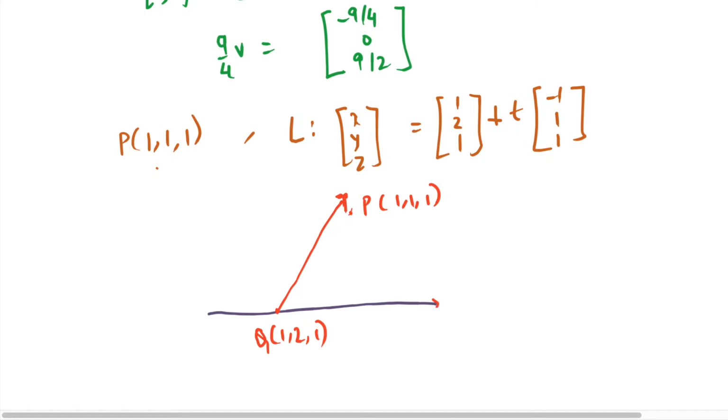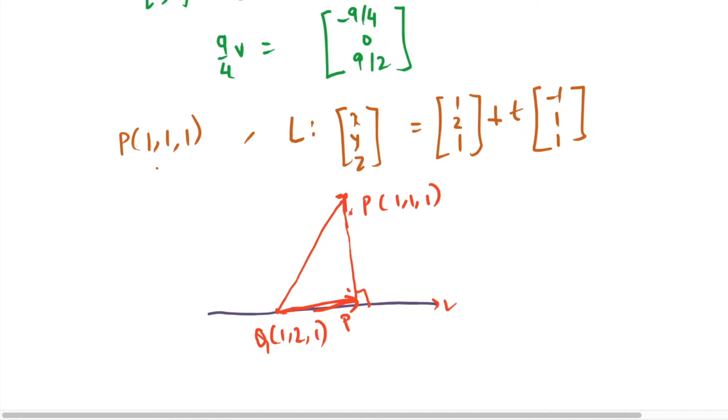And this is line L, and if I try to find the projection of vector qp on line L, I need to draw a perpendicular from point p to line L. Let's call this vector p.